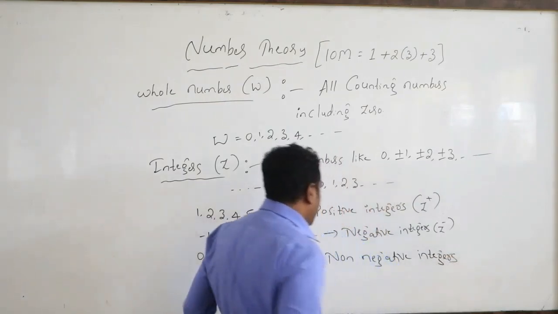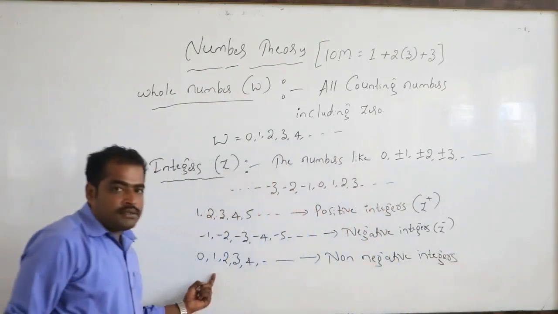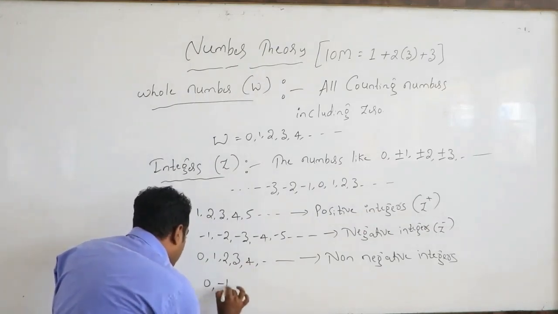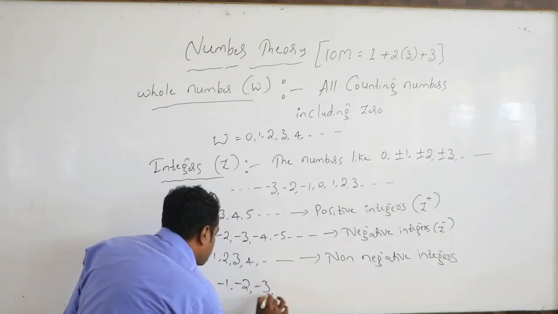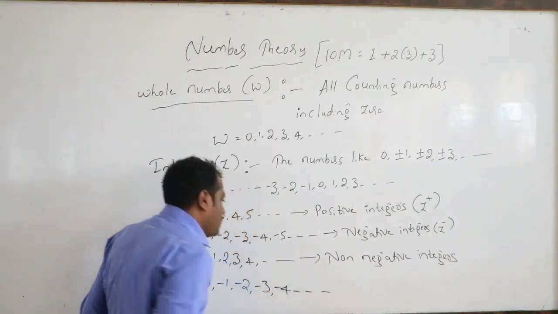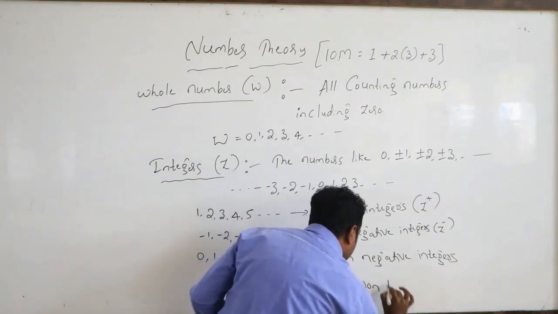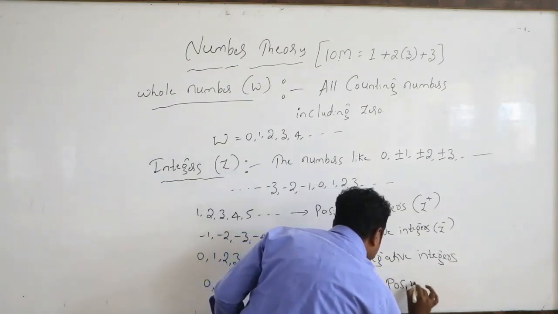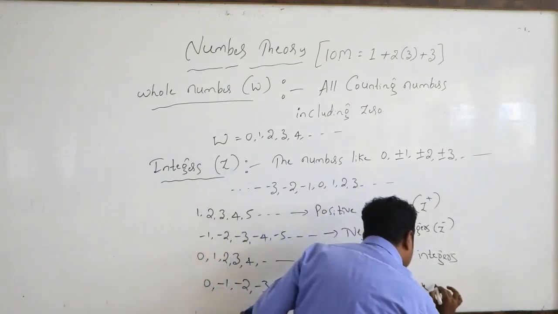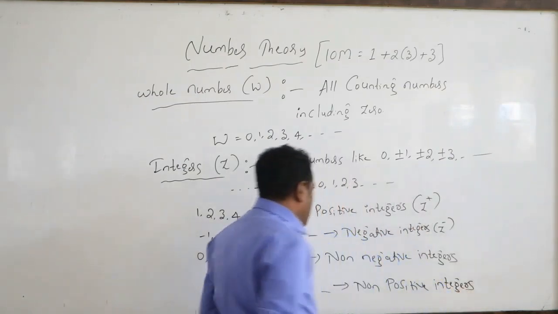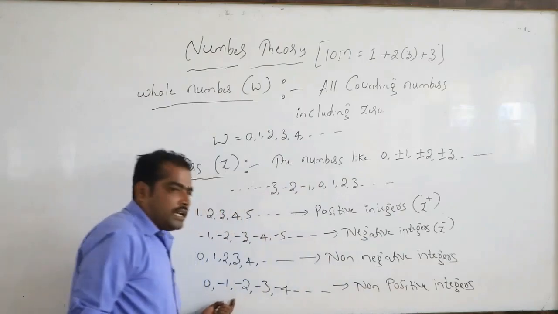Similarly, 0, minus 1, minus 2, minus 3, and so on represents non-positive integers.